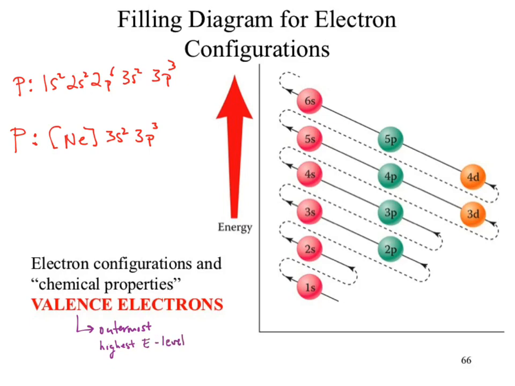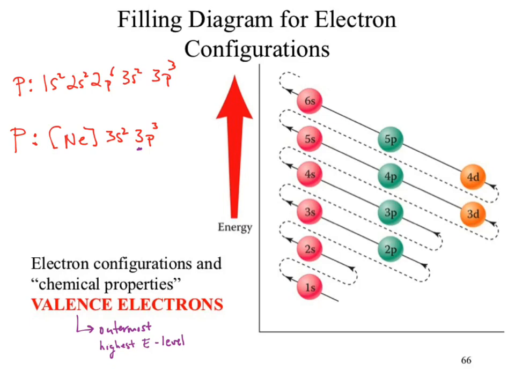So for phosphorus, what are our highest energy level electrons? 3p3 is a good answer, but it's only half correct. It's all of the third energy level. This says energy level. It says nothing about what orbital they're located in. It's just the energy level.